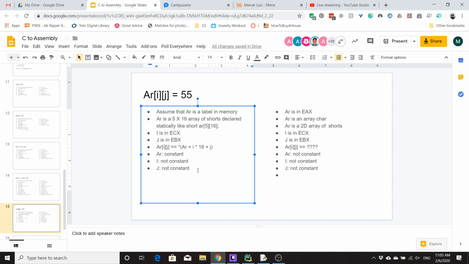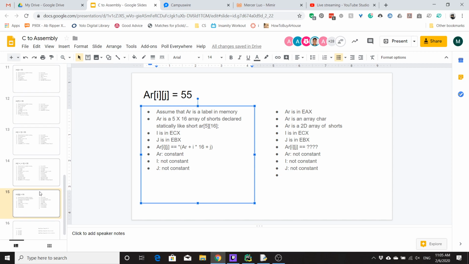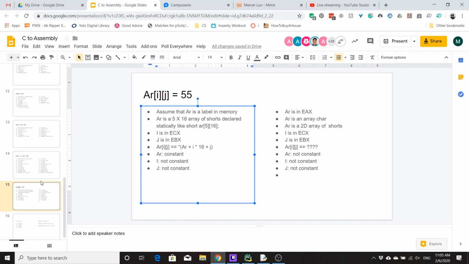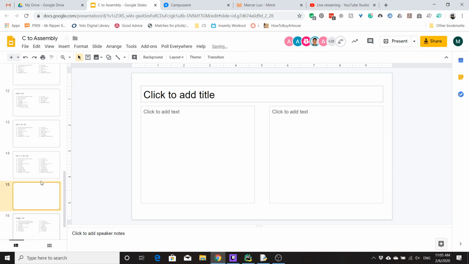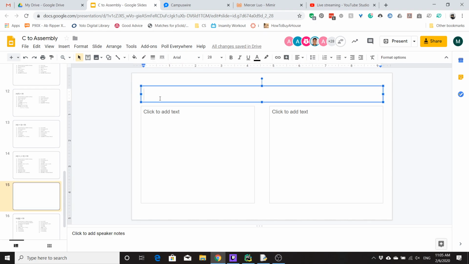So we got to do some multiplication now, right? Which is a new instruction. So let's say we want to translate A times B. How do we do that?